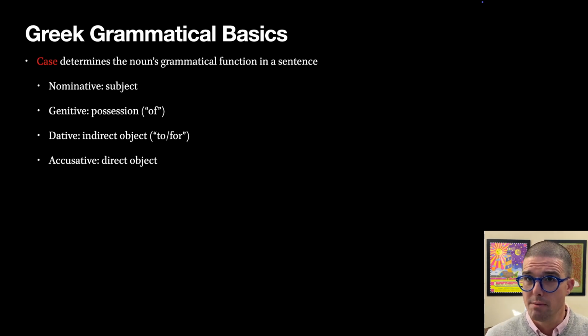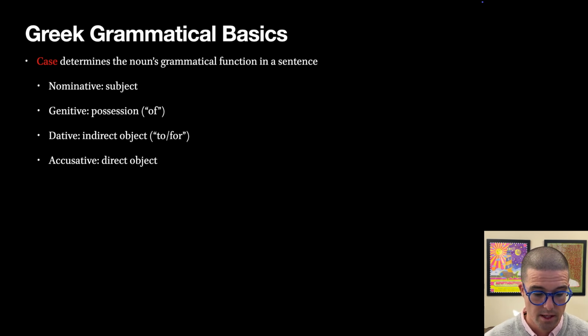Case is what determines a noun's grammatical function in a sentence. So whether it is the subject, whether it is the direct object, or whether it is the indirect object, as we just talked about with respect to English grammar, or whether it is showing possession or description or relationship of some kind. So our four basic Greek cases are the nominative, which is the subject of the sentence, the genitive, which shows possession.